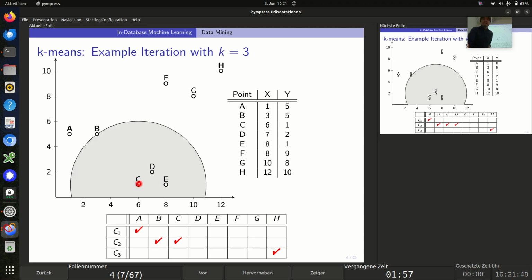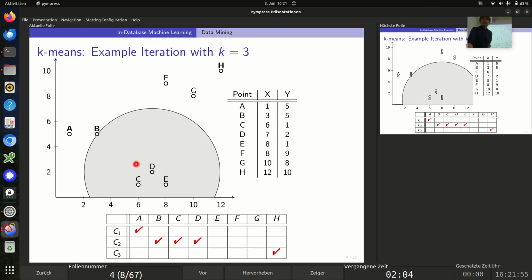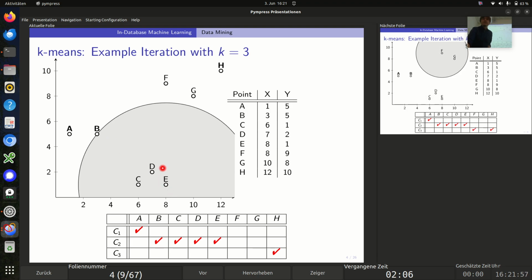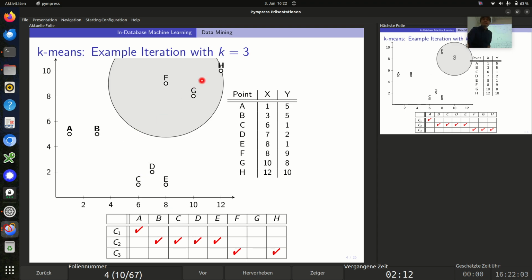So the next one would be C. Okay, C is the closest to B. Then D also is the closest to B. E also. So we know that these 4 points belong to B. Then for H, we see that F and G are the closest. So F and G and H all belong to the cluster with H. And finally, A forms a cluster on its own.